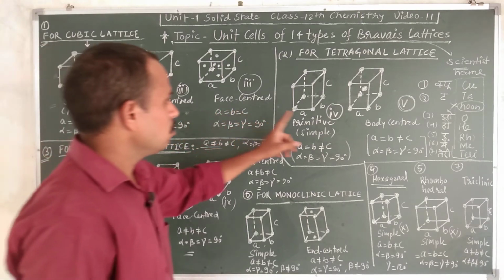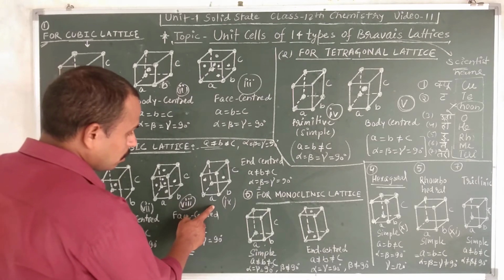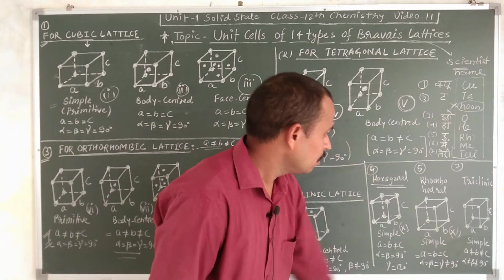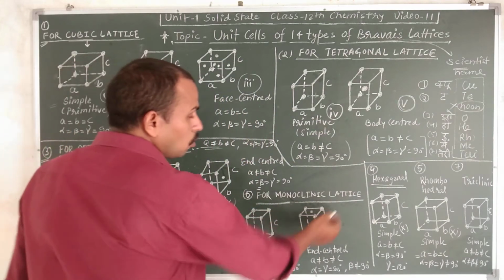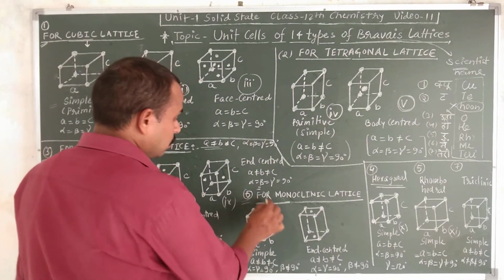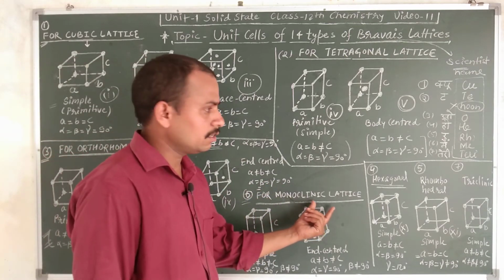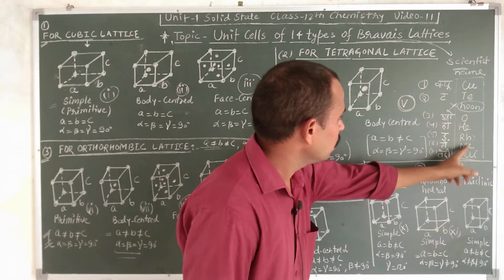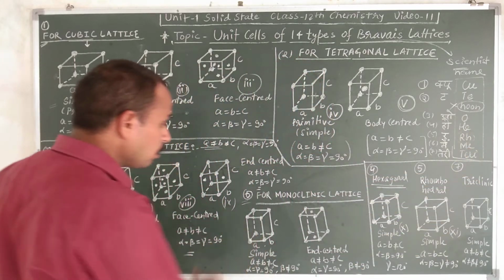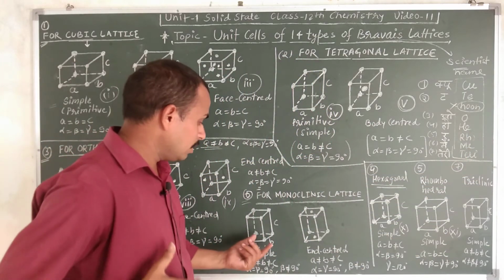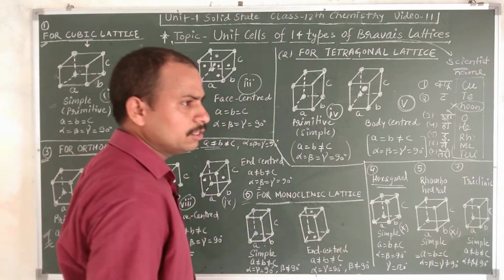1, 2, 3, 4, 5, 6, 7, 8, 9, 10, 11. Now monoclinic. The 6th crystal lattice is monoclinic. Monoclinic contains two variations: first is simple and second is end-centered unit cell.